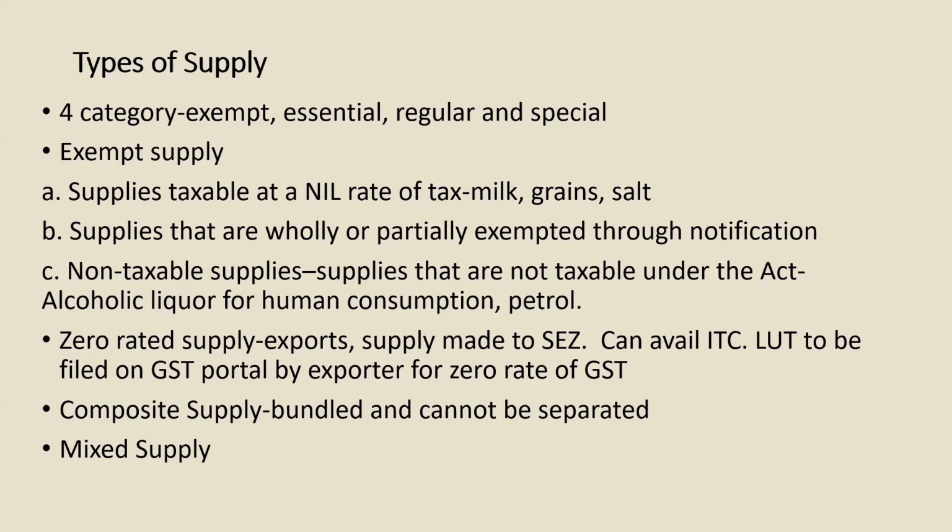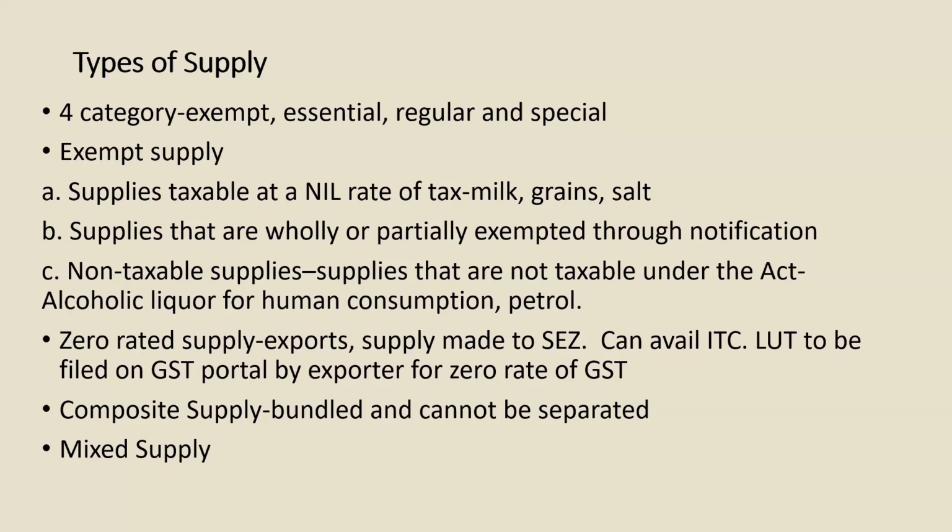The other one is called mixed supply. Mixed supply means although they are separate, they have all been put together as a sum total. So you may have a hamper where there are gifts of different items, and the gifts might have different rates of taxation.